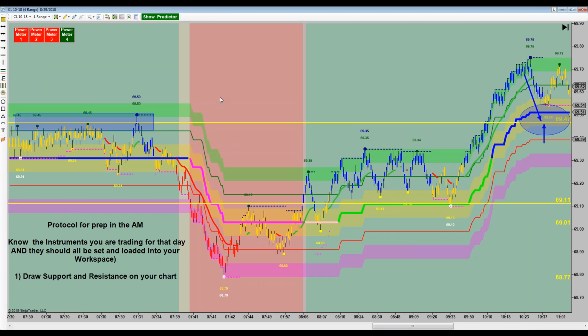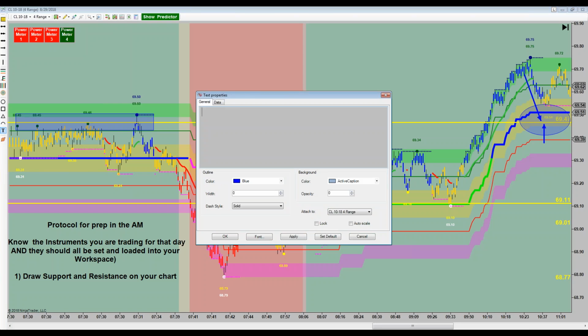In addition to that, when we prepare to take trades, we need to do the following. Think about where the market might go and prepare to take action there.